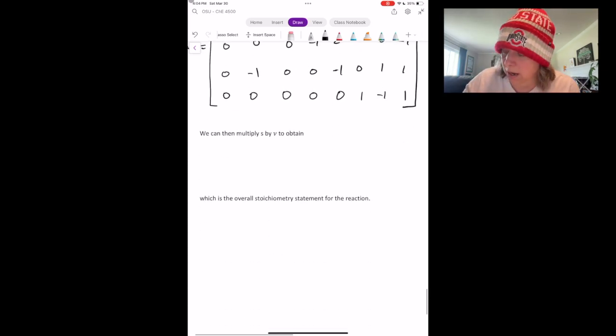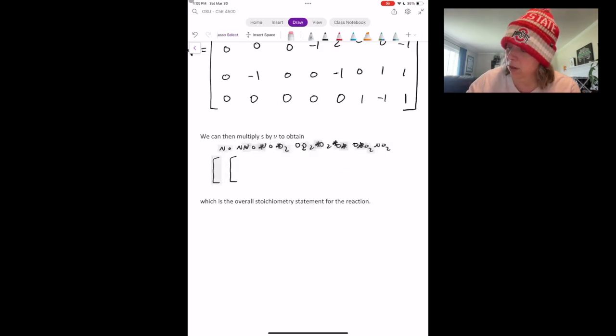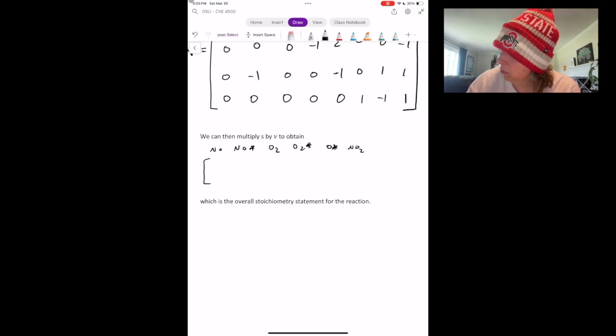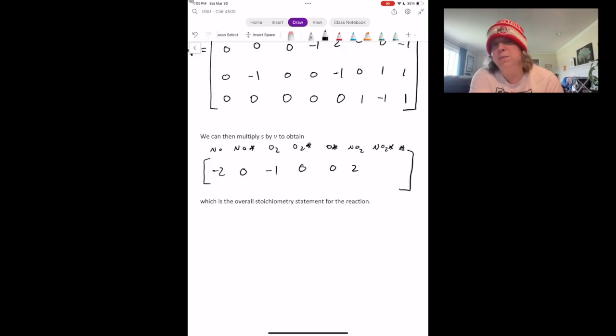So if I do this multiplication, I can take my same order of species here, and I should get -2, 0, -1, 0, 2, 0, 0. So this is my overall stoichiometry.